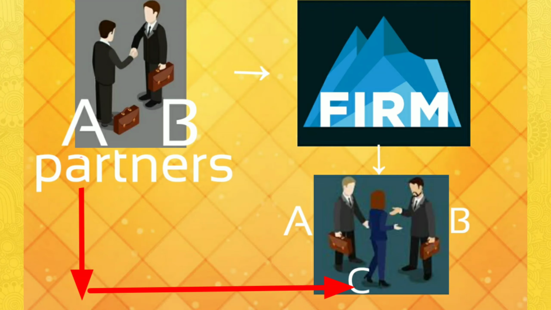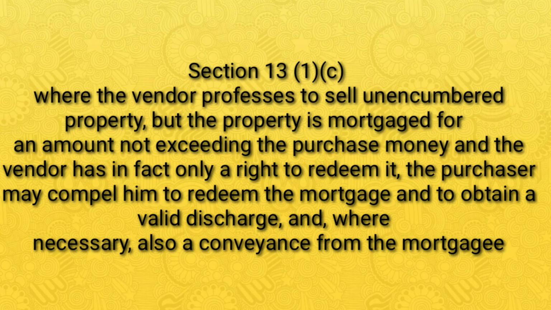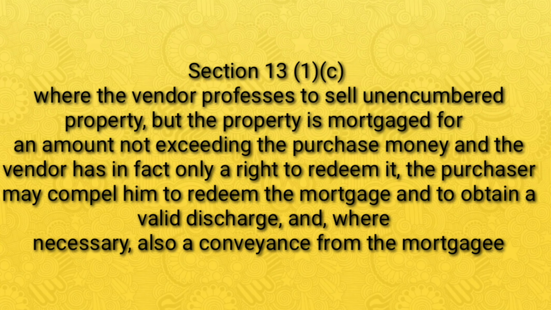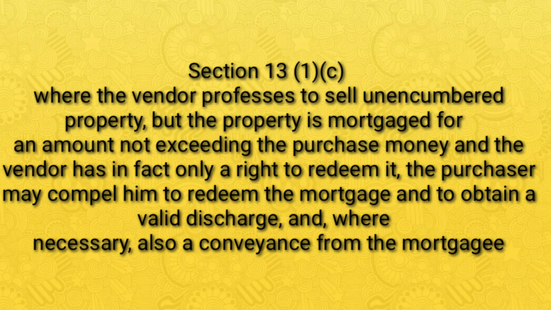If partner A takes the concurrence of partner B, the title would be perfect and the purchaser or lessee will have no issues. Alright, so this is all about section 13 subsection 1 clause B. Now let's move towards section 13 subsection 1 clause C.